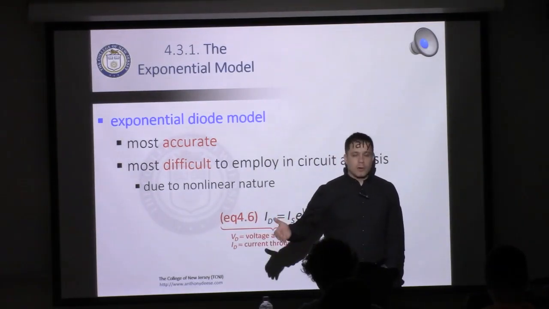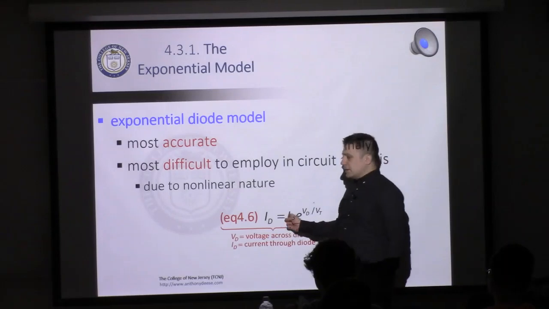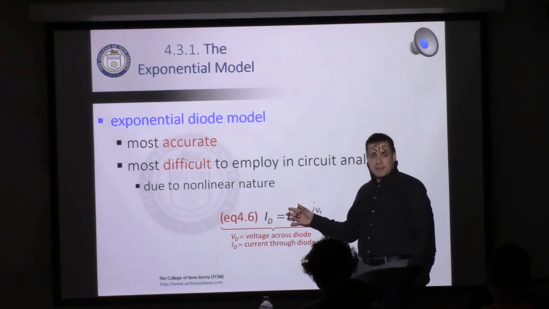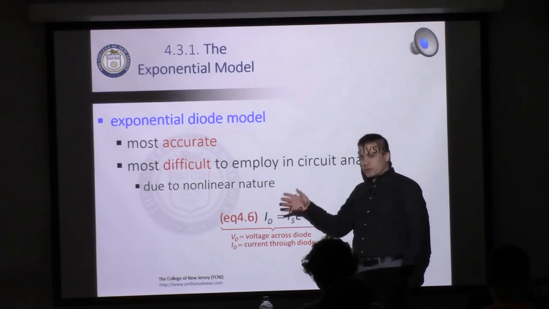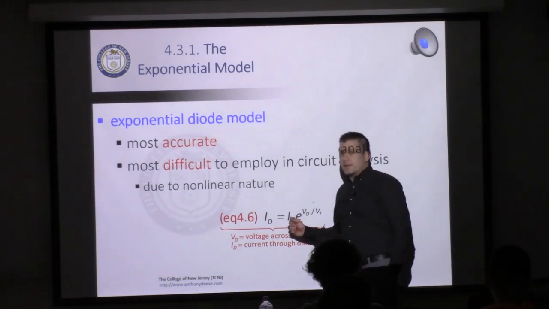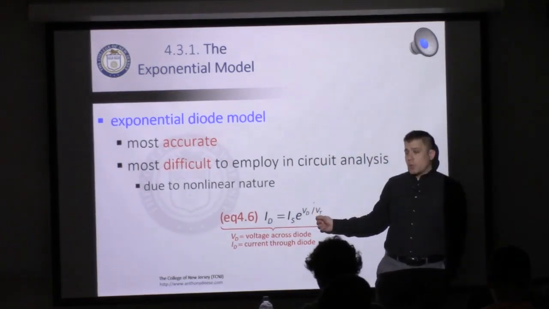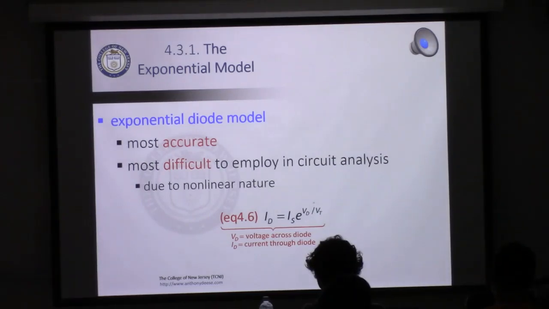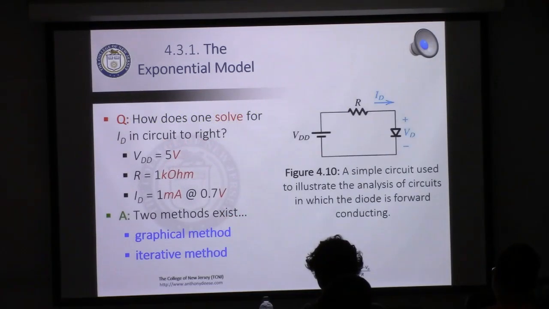Linear algebra works for linear systems. This is nonlinear. You're not going to be able to define this as an impedance and fit it into a Y-bus matrix and all that type of stuff. So solving a circuit that has one or more diodes that need to be represented by this model is not going to be easy. So let's take a look at an example of that.